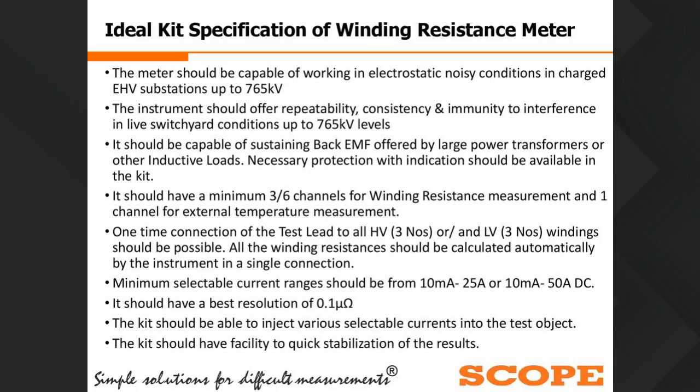Then the instrument should be capable of sustaining back EMF offered by larger power transformers, about 250 or 500 MVA type transformers having larger inductive loads, so that necessary protections with indication facility will be available on the instrument itself. Then the instrument should have minimum 3 or 6 channels for winding resistance measurement and 1 temperature measurement channel.